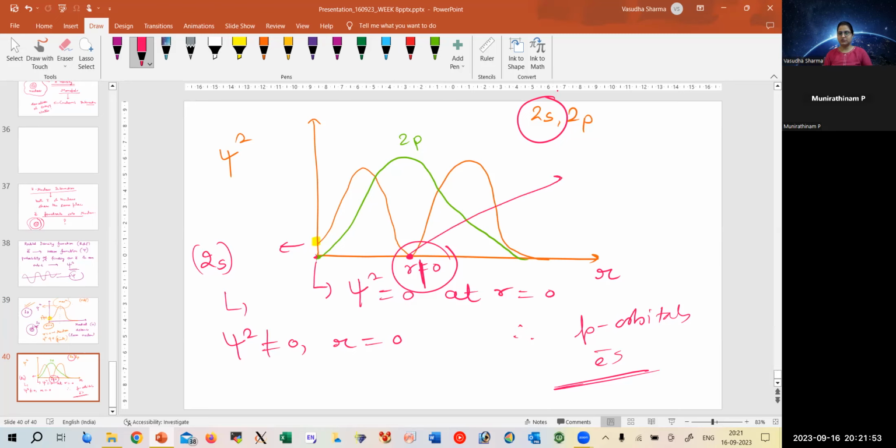That is called a node, when there is no electron density present. So in 2p orbitals, d orbitals, f orbitals, there won't be any penetration of electrons into the nucleus. Only the s orbitals have psi square not equal to 0 at r equals 0. That means they have the probability of finding an electron from those orbitals in the nucleus. So is this clear?